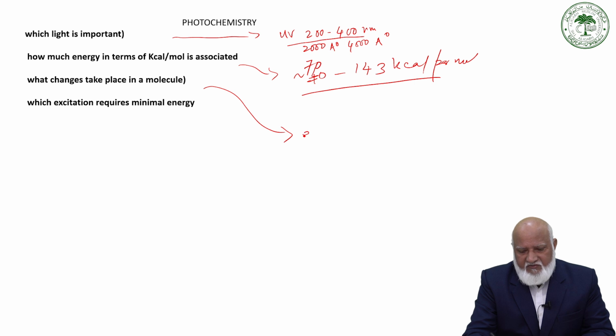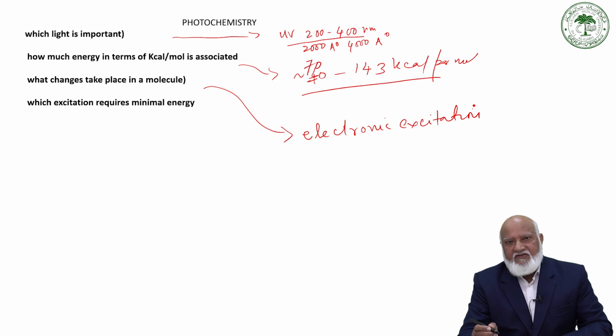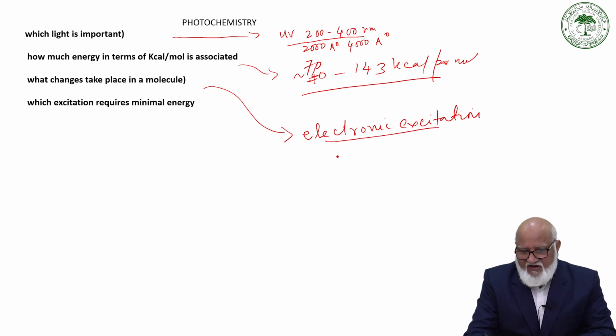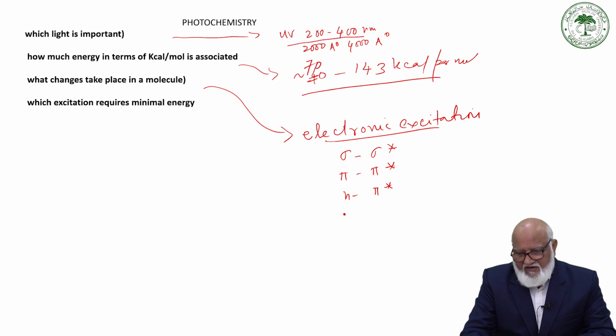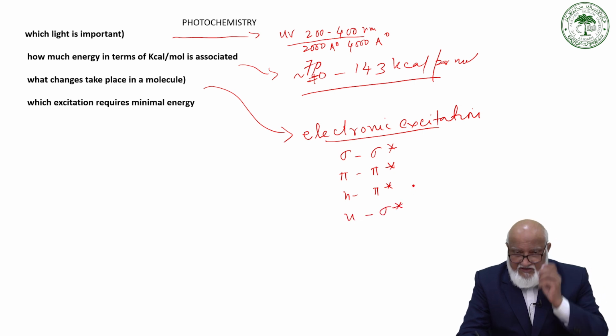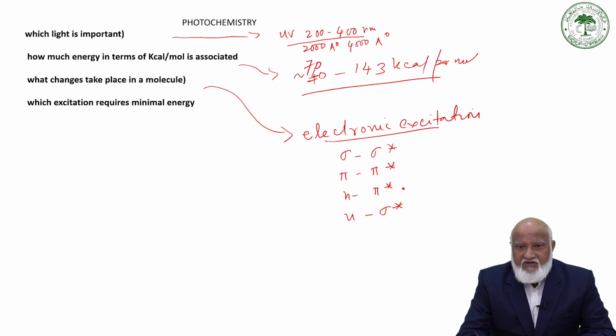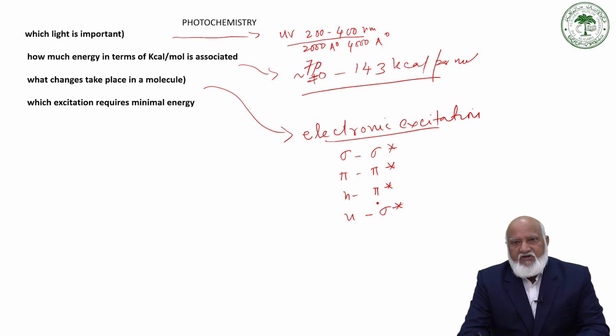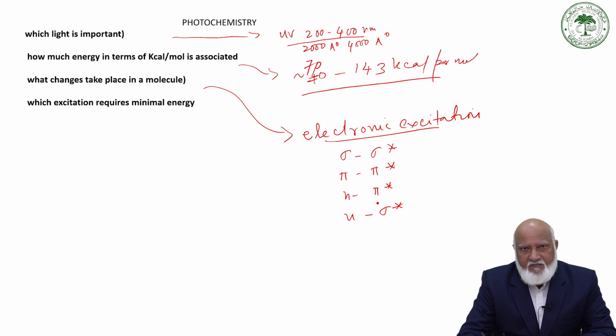What are these electronic excitations? They are sigma to sigma star, pi to pi star, n to pi star, and n to sigma star. These are the electronic excitations which are possible when we shine UV light equivalent to 70 to 143 kilocalorie per mole.